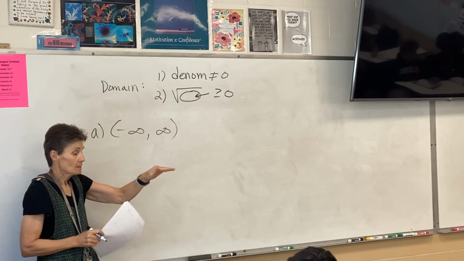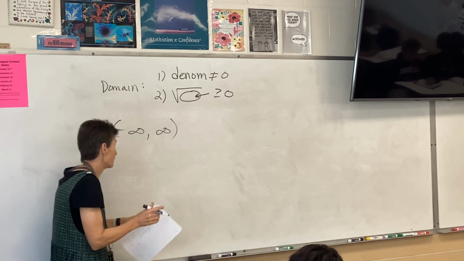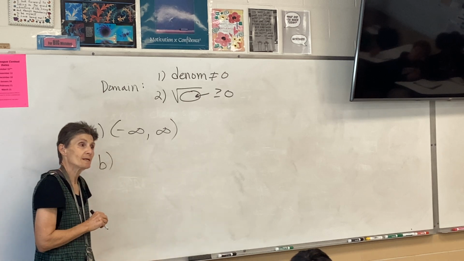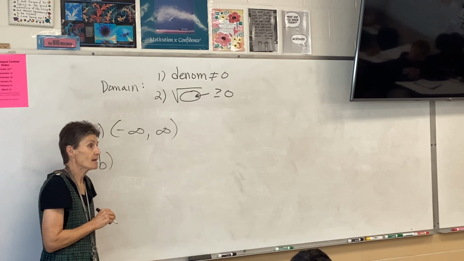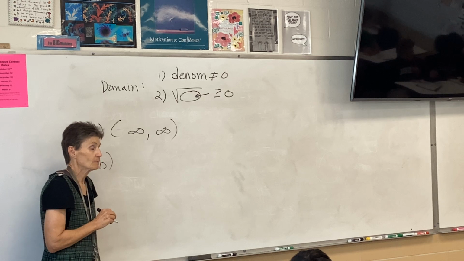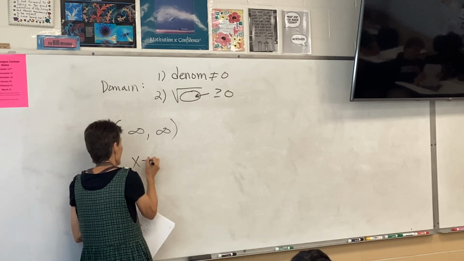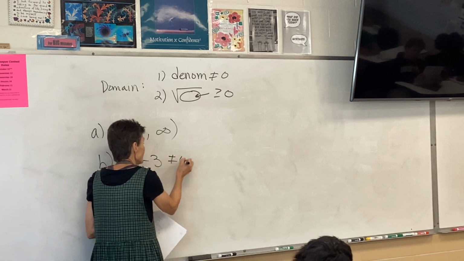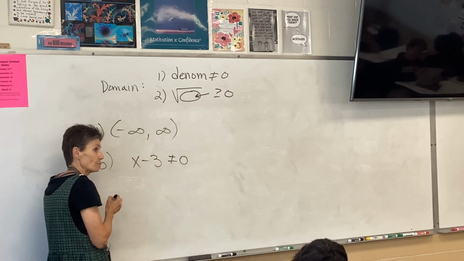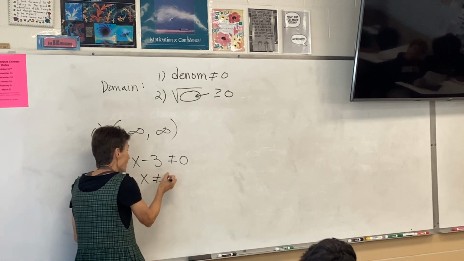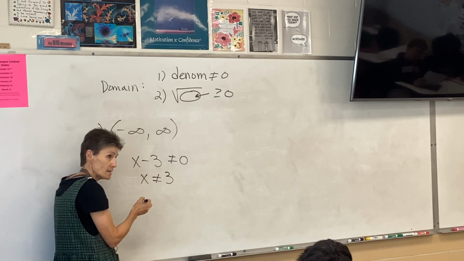Okay? So let's look at letter B. What's going on with B? It has a denominator. And what do we know about denominators? They cannot be 0, right? Which means that x cannot be 3.